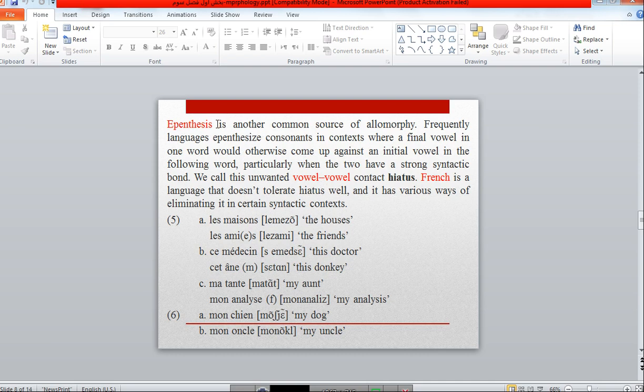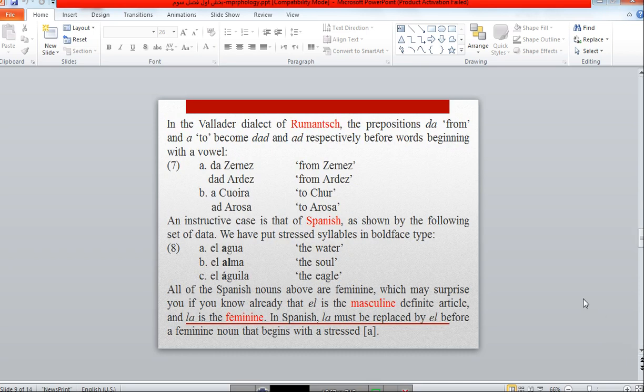So this is another kind of source of allomorphy. The first one is assimilation, as I talked about in Spanish and some other examples, and this one is epenthesis, which we talk about by using French examples, as you see here. So this is another example. Again, in some other dialects, we have another kind of allomorphy.